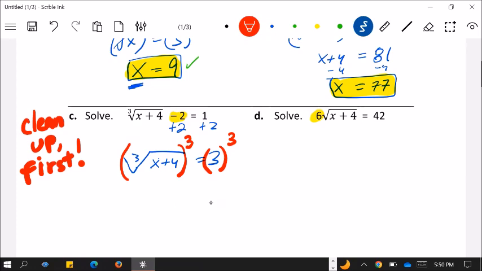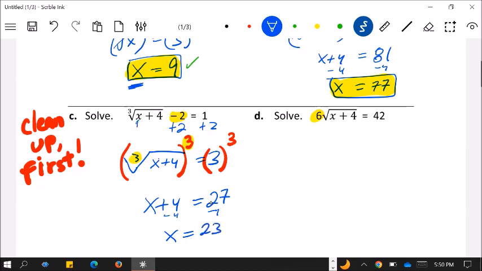Perfectly fine to do that on both sides, and I'm choosing to do it because if this index is 3, I need a cube to cancel that out. In doing so, I now have just the x plus 4 on this side, and 3 to the third power is 27. I can subtract 4, so I get x equals 27 take away 4 is 23.